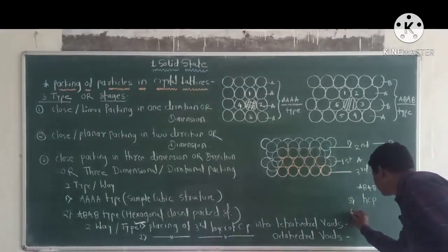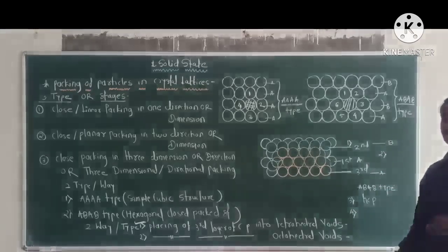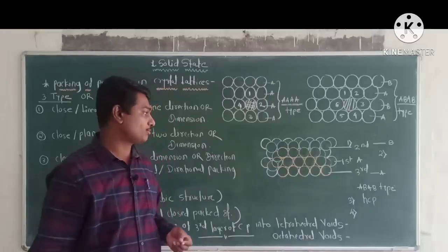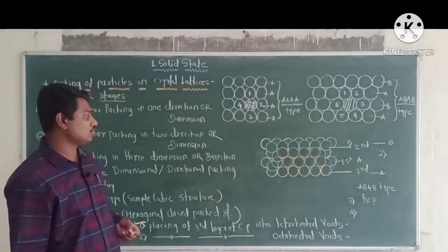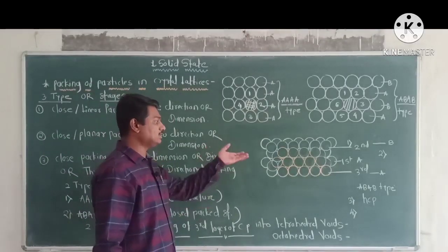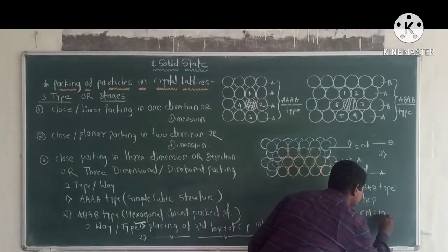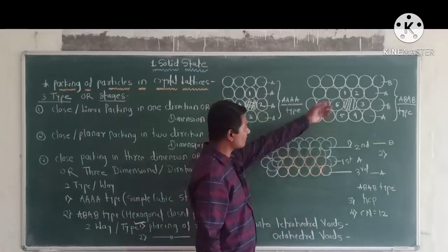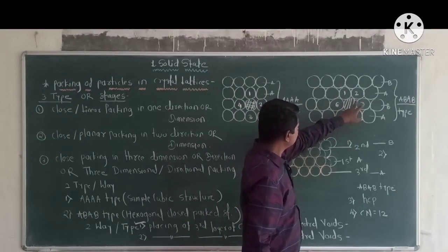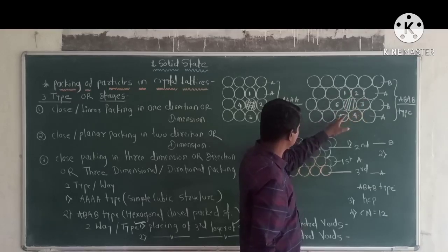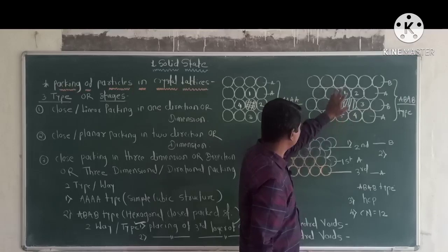And last point, in this packing each constituent particle is in contact with 12 other constituent particles. Therefore the coordination number of each constituent particle in this packing is 12. Let's see, consider this constituent particle. It is in contact with 6 other constituent particles in this layer.